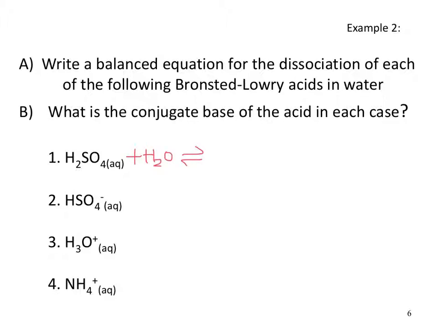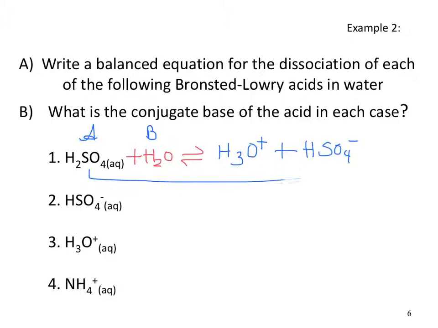Now you have H2SO4, sulfuric acid, which is reacting with water. Sulfuric acid is the acid, water is the base. Acid donates the proton, base accepts the proton. What will form from the base would be H3O plus. What will remain will be HSO4 negative.